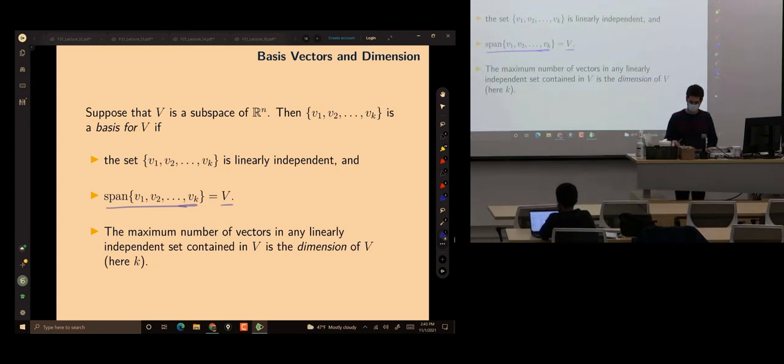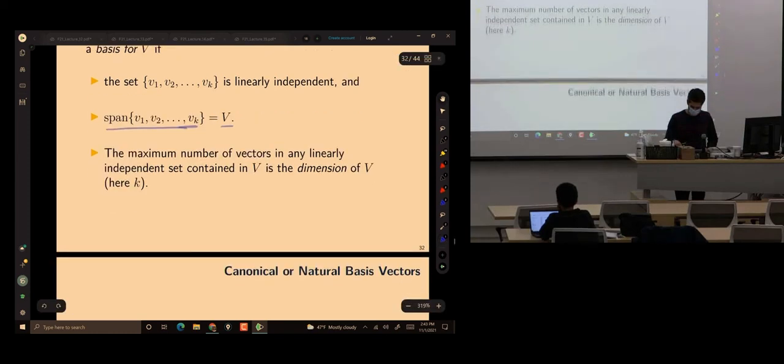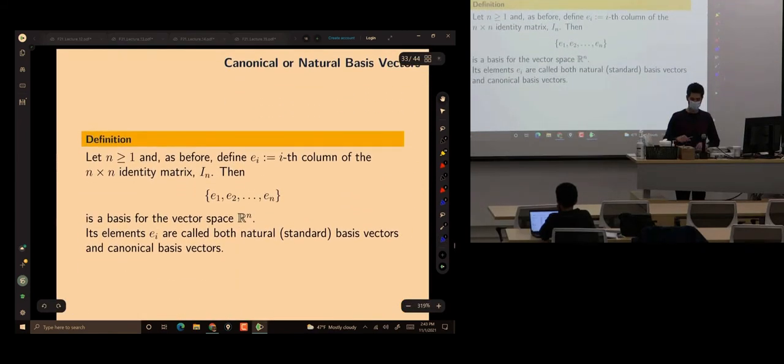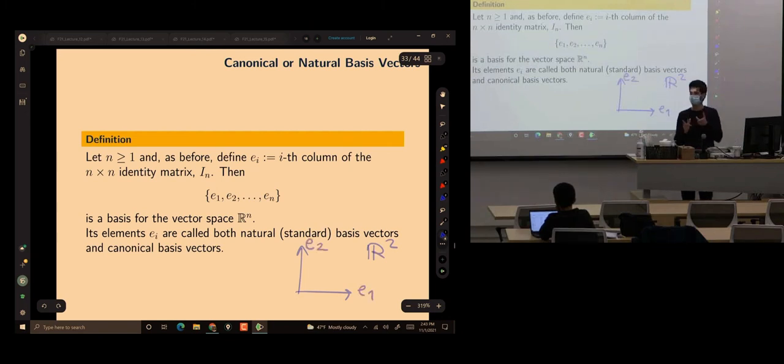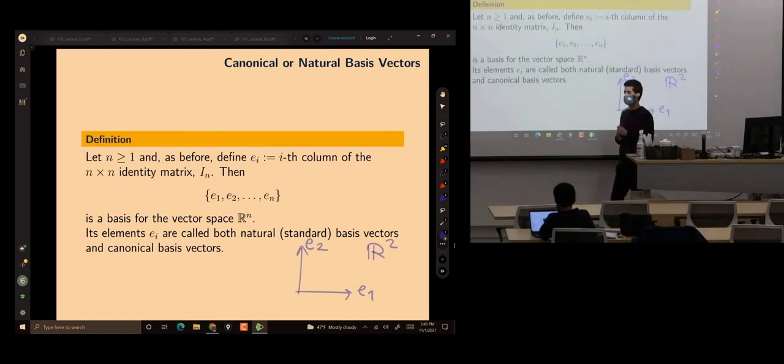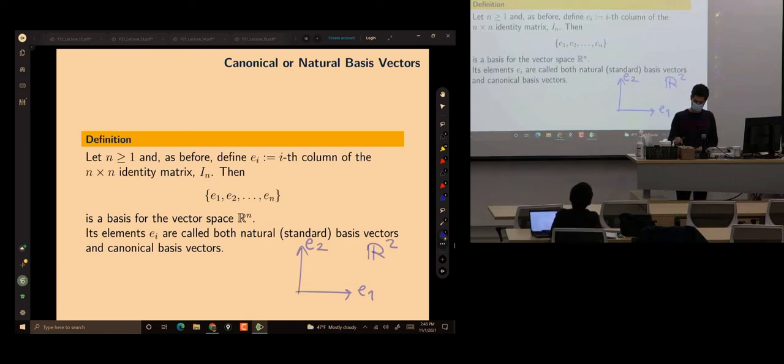I'm not going to bother you again, but we learned about bases, and a special case was when we use canonical bases, the columns of the identity matrix, which for a simple example of, let's say, R2, canonical bases are these familiar orthogonal directions, right? In 3D, your i, j, k, which they use in physics. These are the columns of the identity matrix. We call them canonical or natural bases.